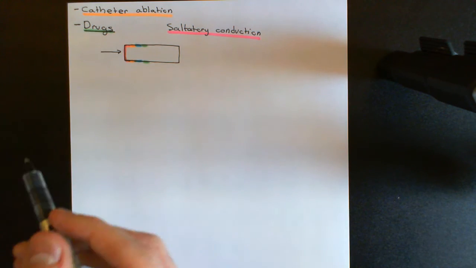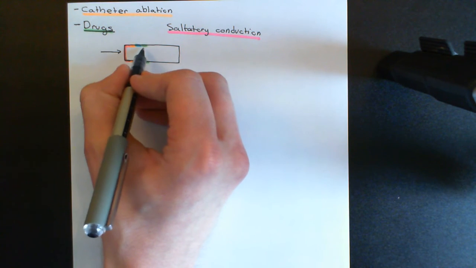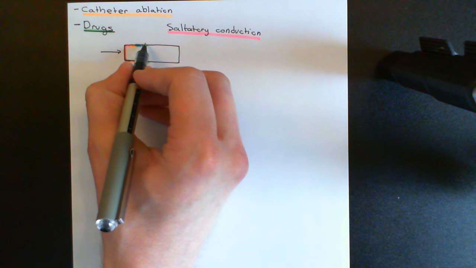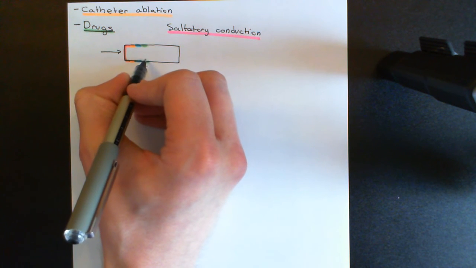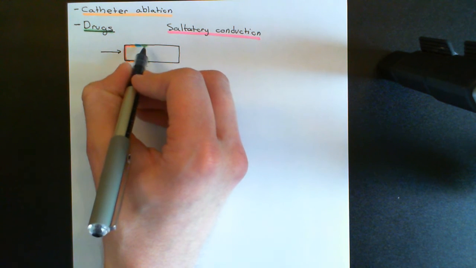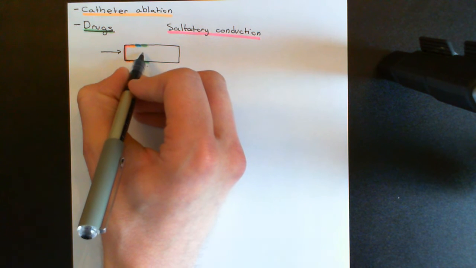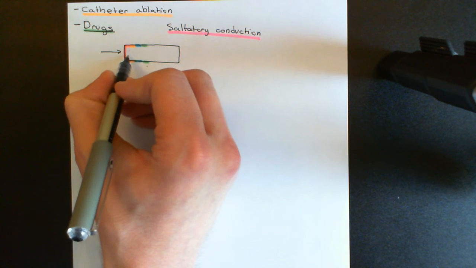Because remember, when, let's say, this green portion of membrane here is undergoing an action potential, it's hugely electrically disturbed here. Okay, you've got the electrical potential inside the cell hugely raised because of the positive charge coming in. That will still be influencing the electrical potential inside the cell over here.